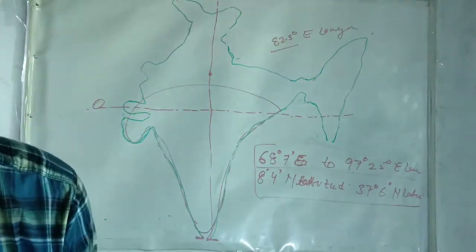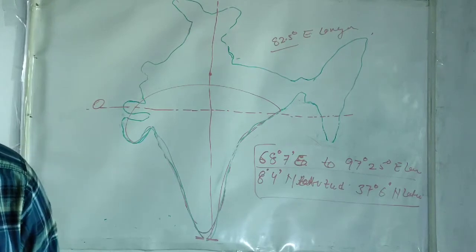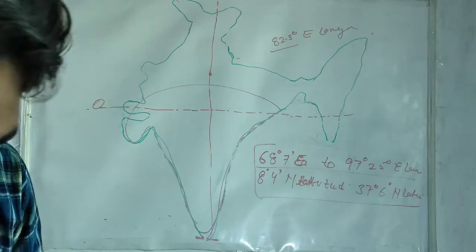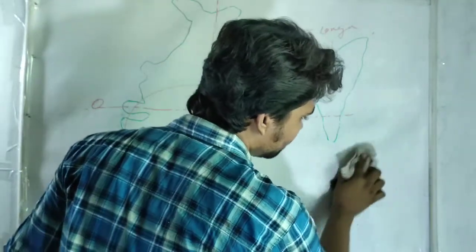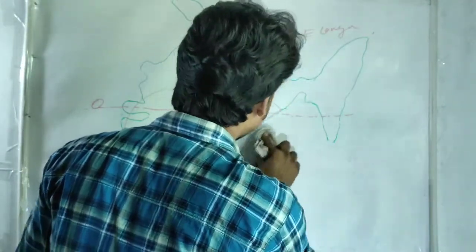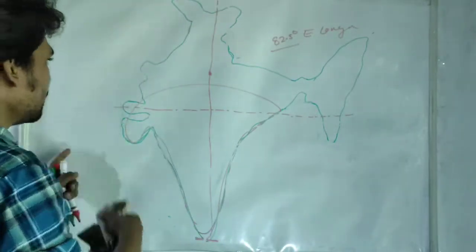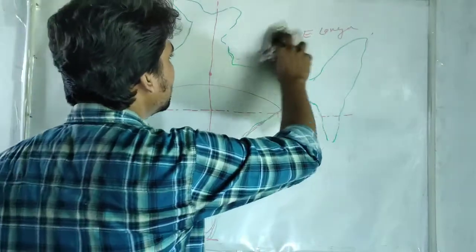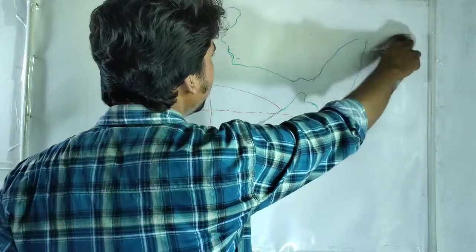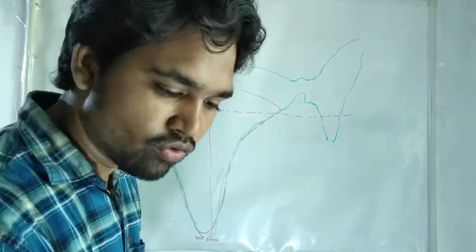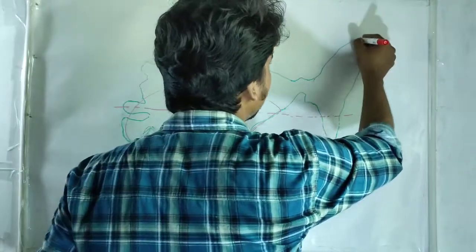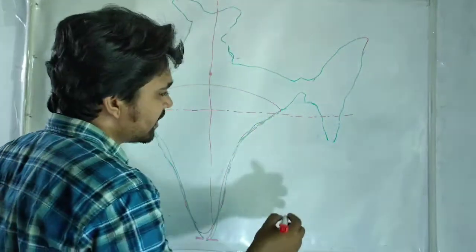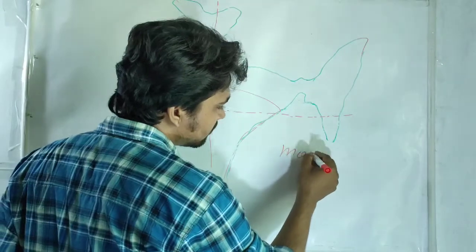Friends, again we will discuss some physical information regarding India. Before we study the physical features of India, we divide India into 5 major categories. The first one is mountain area.